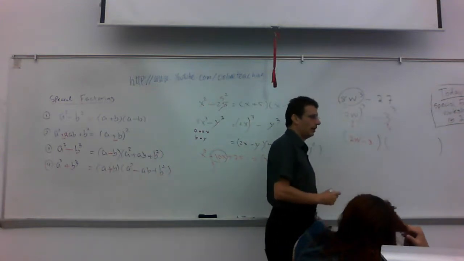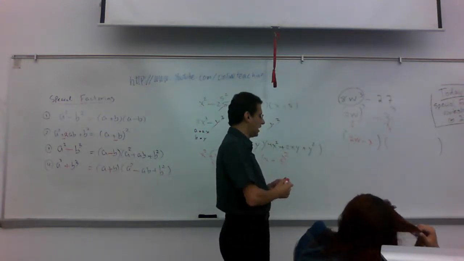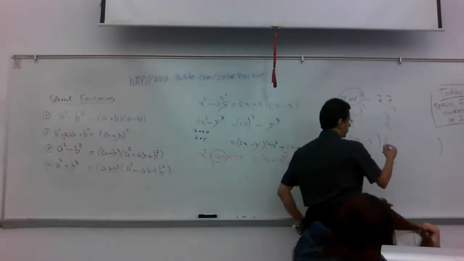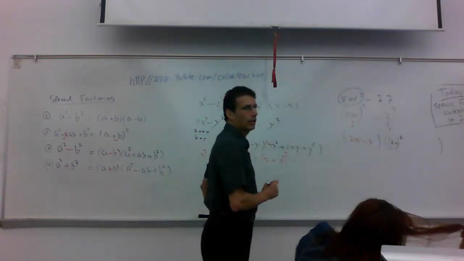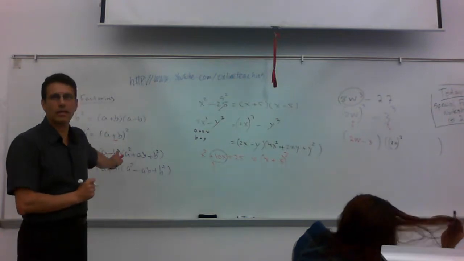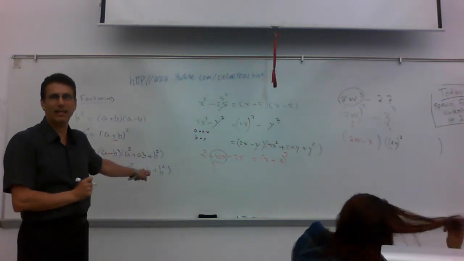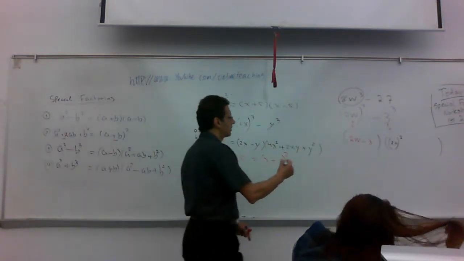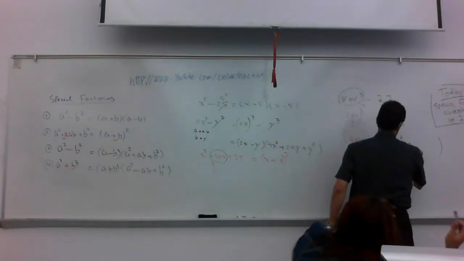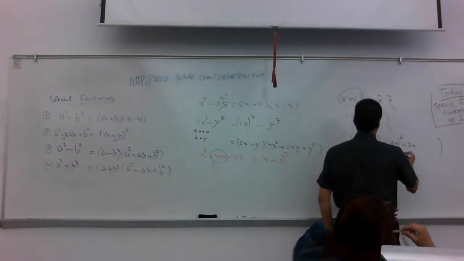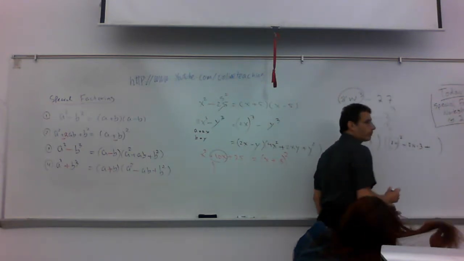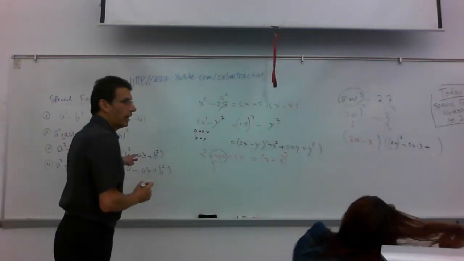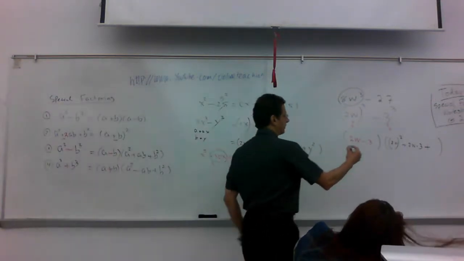Right, class? Now, if you want to take this step, you can do that. A squared, so 2w squared. Then what do you have? Plus A times B, plus A, which is now 2w, times B, which is what? 3. Plus B squared, which is what? 3 squared.